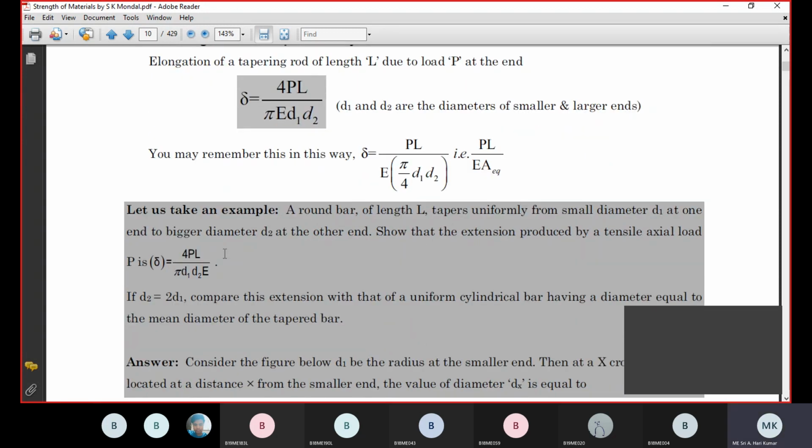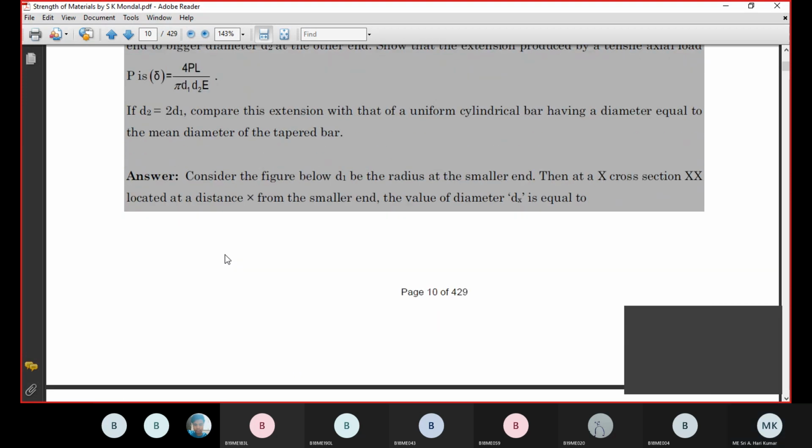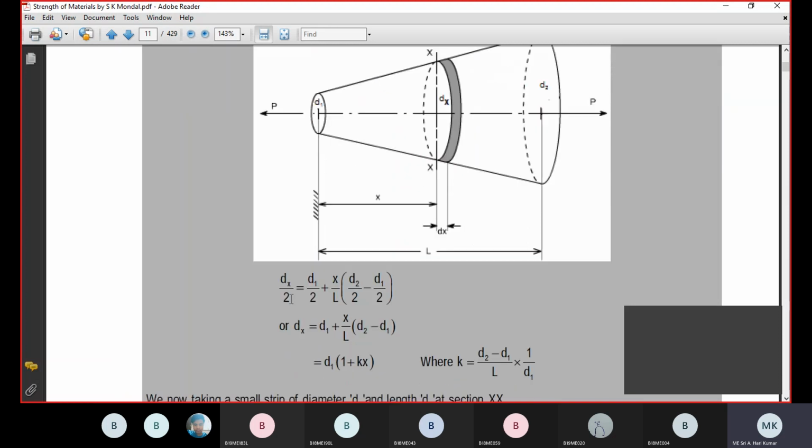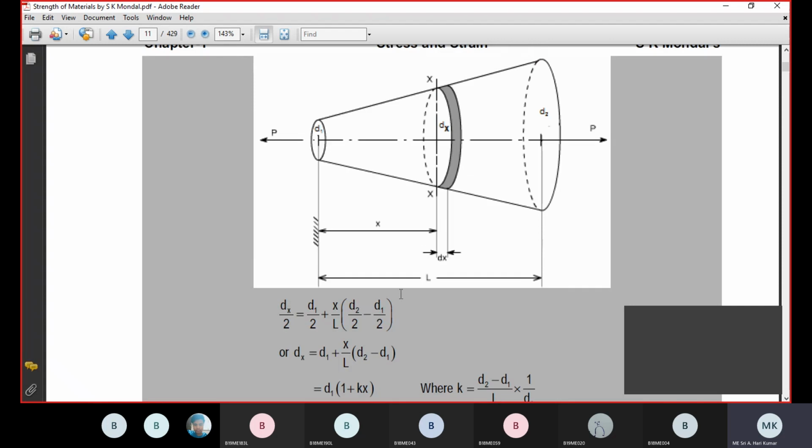Again, an example has been taken to solve this. With d1 and d2, at some location x the diameter should be dx. How to find that dx? Again, we apply fractional interpolation.